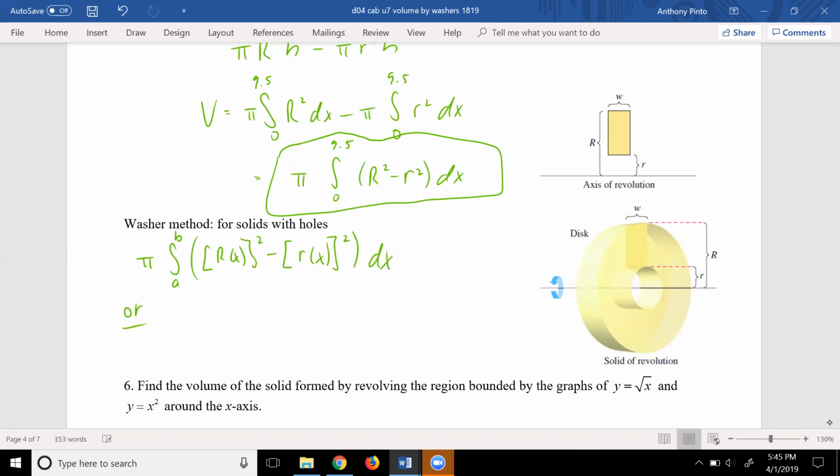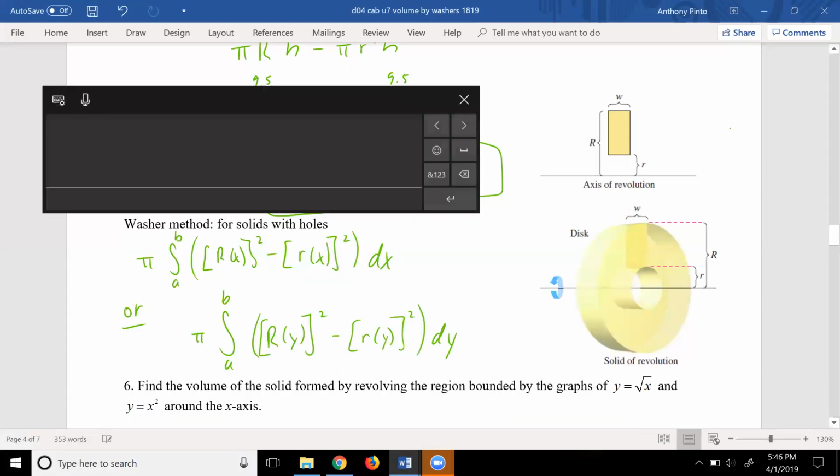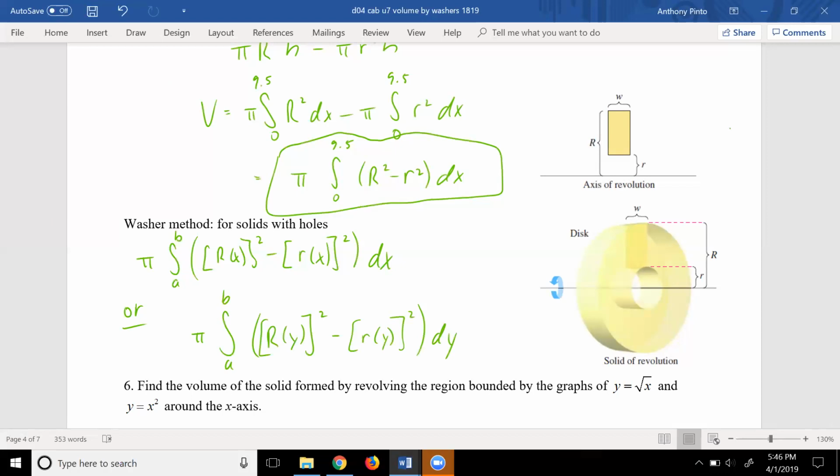Or if we're rotating this about a vertical line, it would be pi from A to B of big R of y squared minus little r of y squared dy. All right, so those are our two equations. And here you can take a look at a graphic. Big R is the big radius, little r is the little radius. And in this particular problem, it's revolving around a horizontal line.